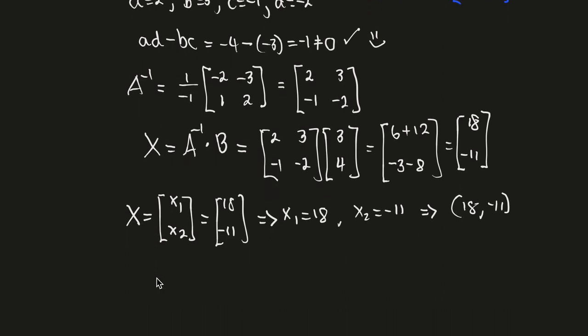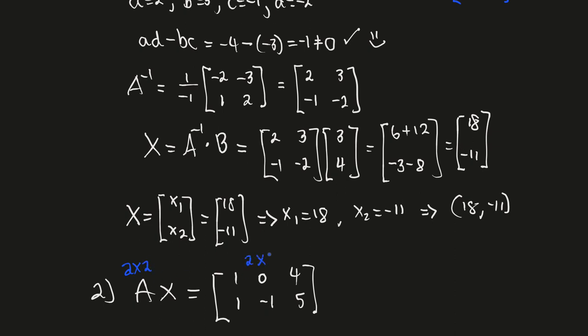So now suppose we have not just a column. Suppose our B, so let's say now the equation is something like this: 1, 1, 0, negative 1, 4, 5, right? So instead of just having one column, what if we have a 2 by 3? Well, let's make sure that everything is compatible, because we're starting with a 2 by 2, and we're going to end up with a 2 by 3.